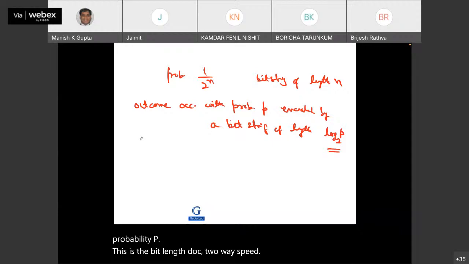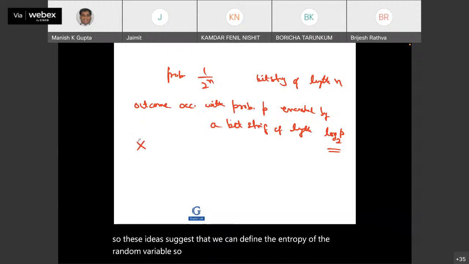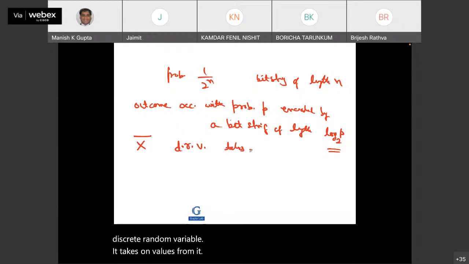Okay. So these ideas suggest that we can define the entropy of a random variable. So I'm just defining it now. Suppose x is a discrete random variable that takes on values from a finite set x.